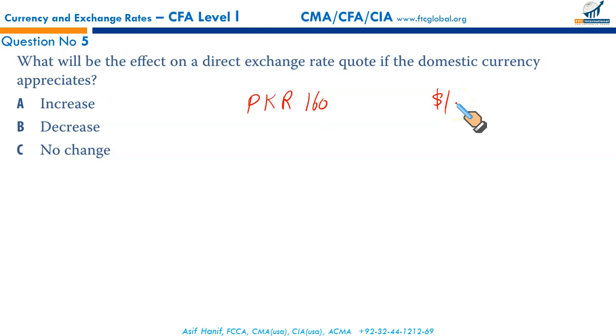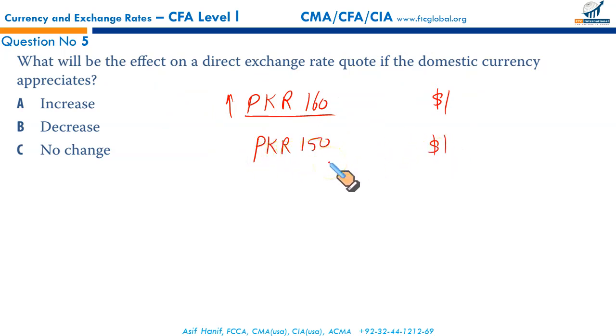Now let's say if the domestic currency, this is my domestic currency, appreciates, which means now $1 will get me lesser. Let's say now $1 gets you PKR 150, right? So first $1 was 160. Now the domestic currency appreciates. Now I get 150 rupees for $1.